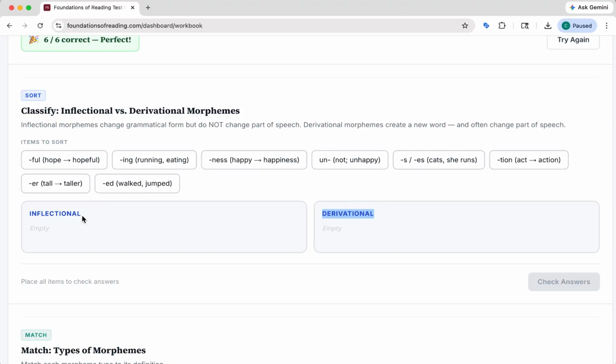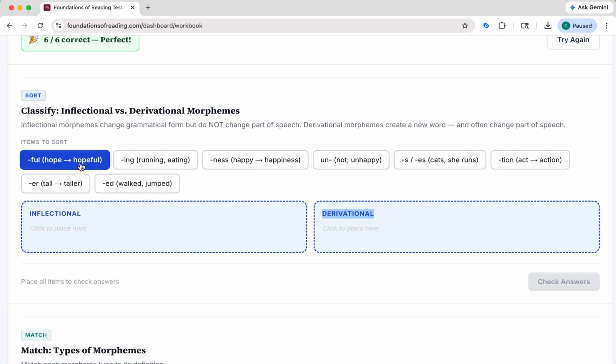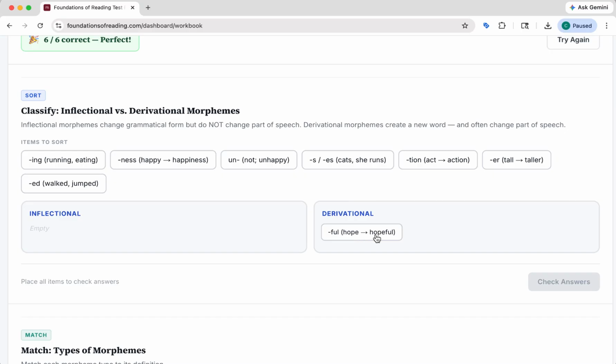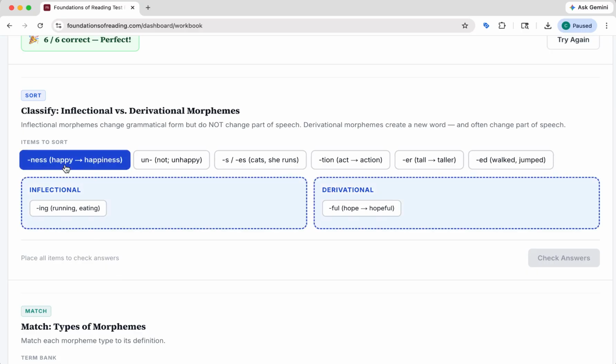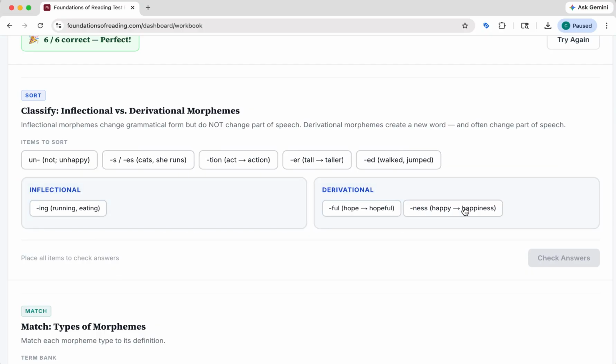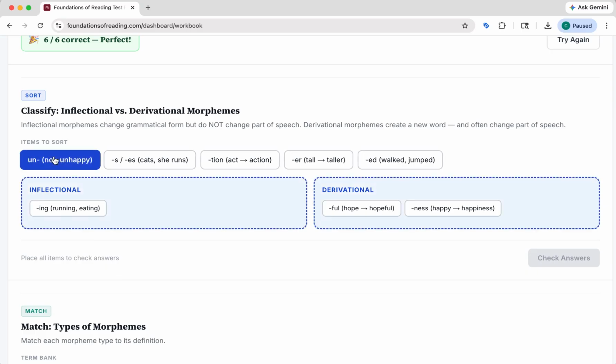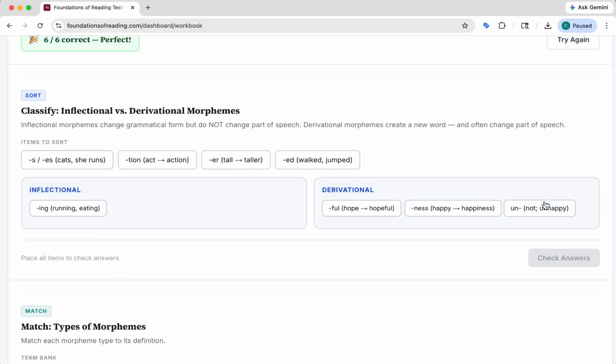All right, let's start with full, just the first one here. That's derivational. Let's go -ing. Inflectional. We have the suffix -ness. Derivational changes the part of speech, like unhappy. Happy to unhappy totally changes the meaning here.